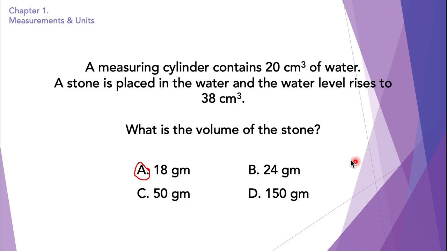So to find the volume of the stone, we subtract the initial reading of the water from the reading with the stone placed in, and we get the volume of the stone, which is 18 grams. It is not 50 or 24 or 150 grams, it is 18 grams. So this is the correct answer.